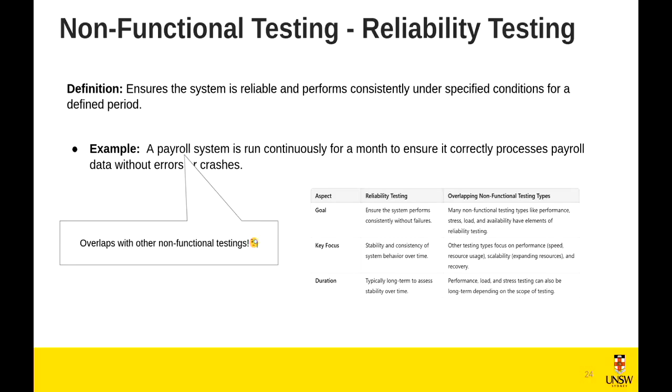But this is a bit different. Other testing types don't really focus on stability and consistency, but their properties could contribute to reliability. For example, for performance testing, we don't run the program for a period of time and check if the performance is consistent or not. We just check how the performance of the system is under that condition.